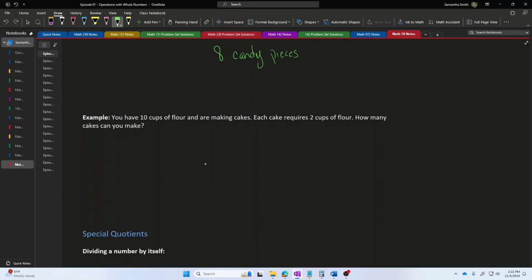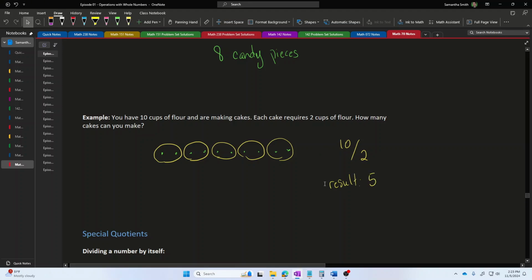Well, if I have 10 cups of flour, 1, 2, 3, 4, 5, 6, 7, 8, 9, 10, and every single cake requires 2 cups, then 2 cups will go to cake number 1 here, 2 cups will go to cake number 2 here, 2 cups, 2 cups, and 2 cups. So in total, I have 10 divided by 2, giving me a result of 5. 5 cakes can be made from the 10 cups of flour.